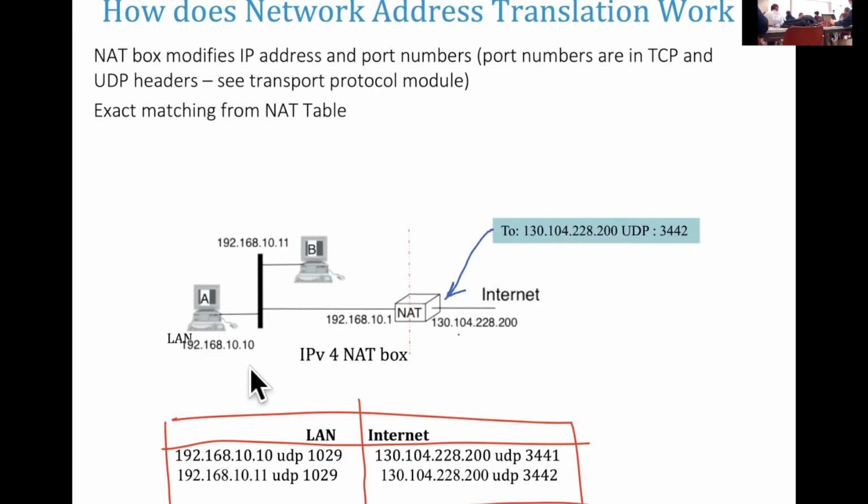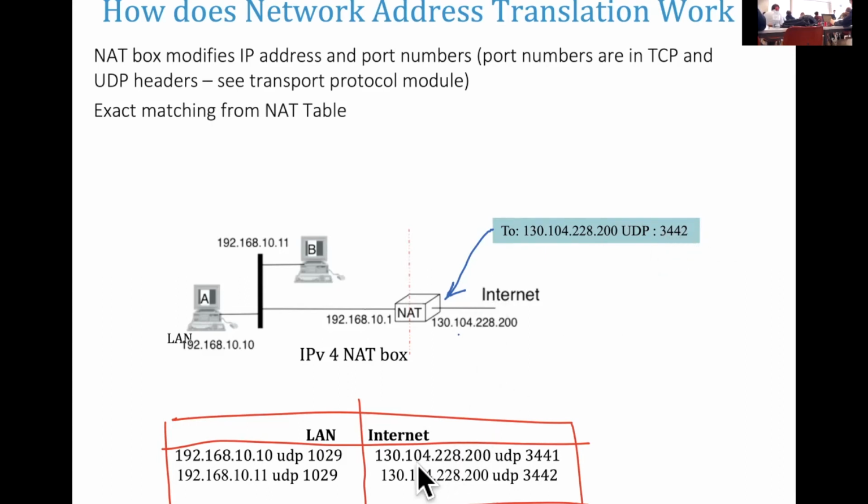How is that? Well, imagine the NAT table is configured somehow when you start the connection. Now the NAT receives some packet where the destination IP address is the public address of the NAT plus a port number.